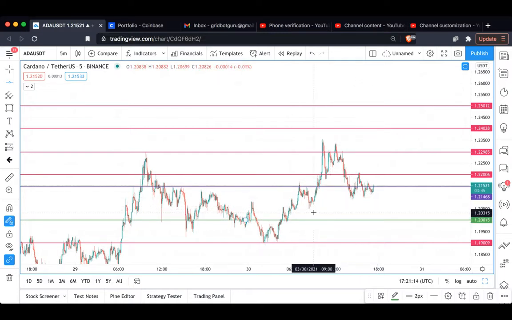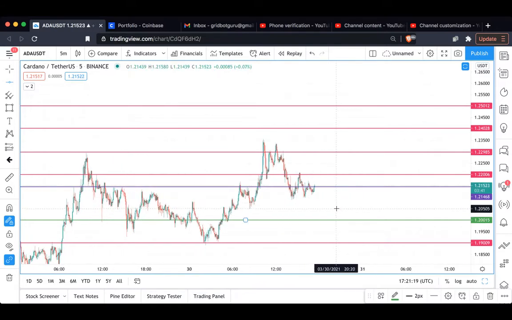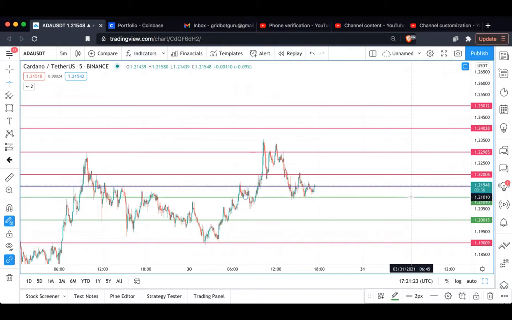There's a buy, and there would probably be another buy around here. All right, so we have our grid, and we have 1, 2, 3, 4, 5, 6, 7 grids there.